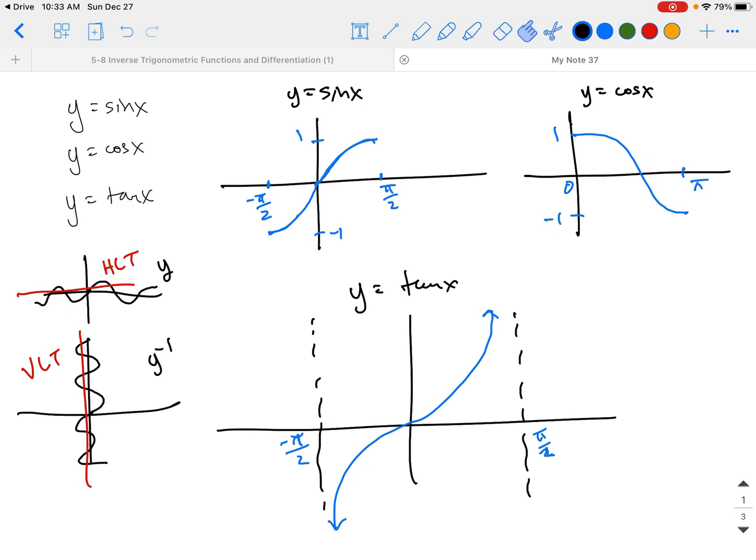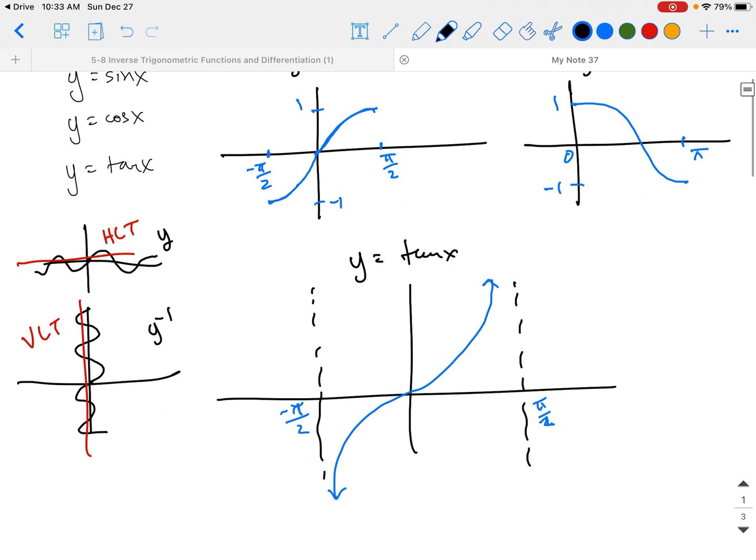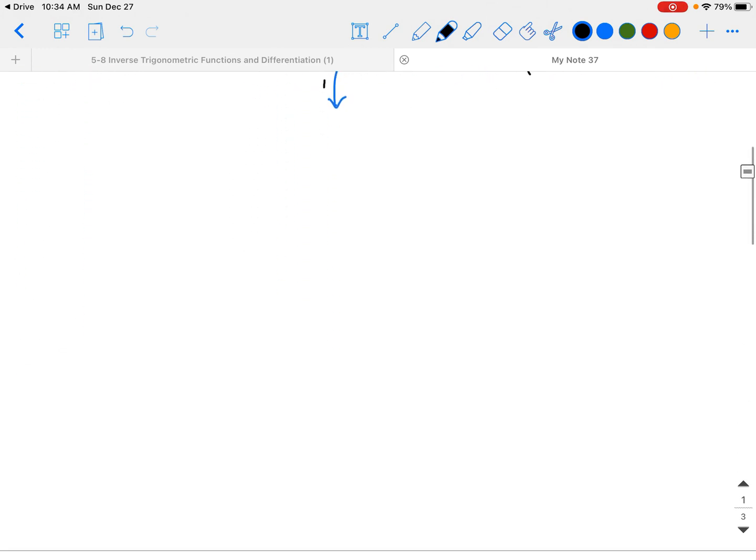So if we're interpreting the inverse functions, of course, we swap the domain and range. So for example, if we're looking at sine inverse of y, our x-axis then becomes between 1 and -1, and our y-axis now becomes the angle measures.